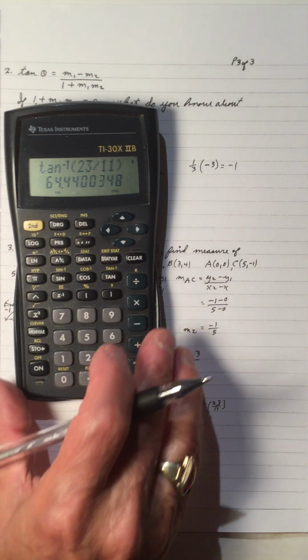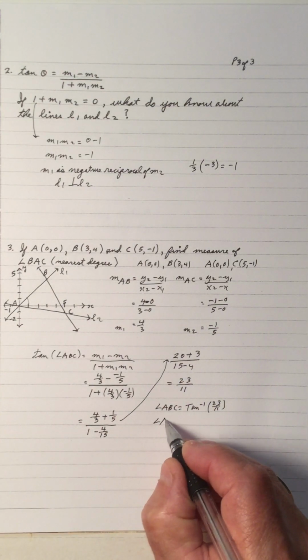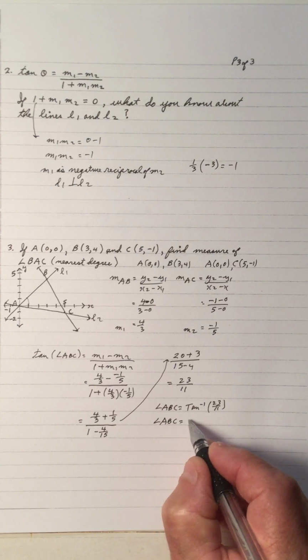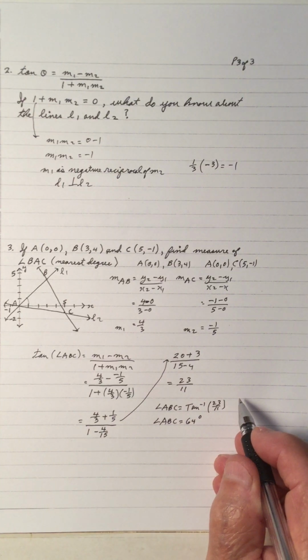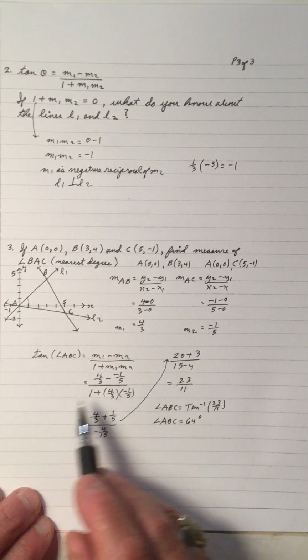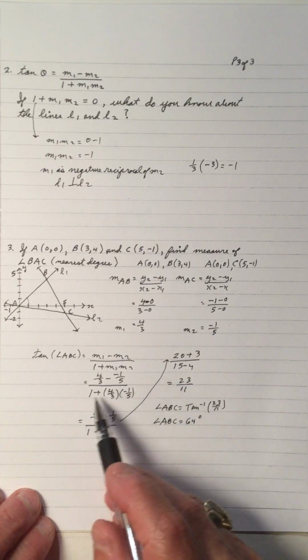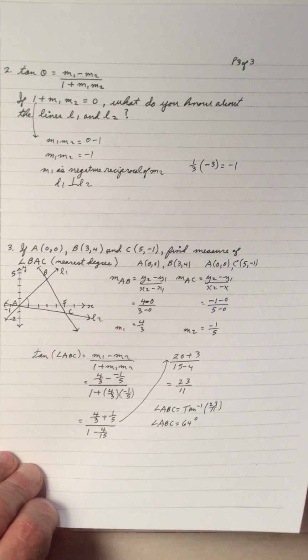We're going to the nearest degree, so we'll go to 64. So the angle is 64 degrees. And I used the tan formula again, the addition formula for tan.